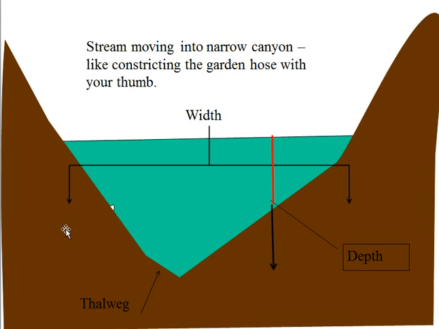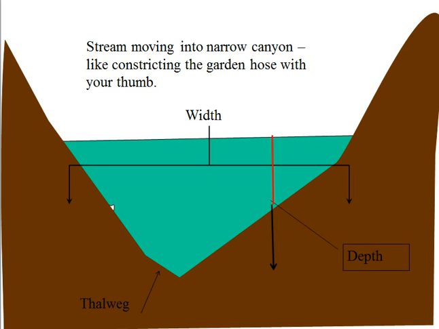So if you do that with a stream, all of a sudden you constrict the flow. A couple things can happen: the flow can back up, but often that flow will go higher up the sides or come out of the bank, and increase the velocity.